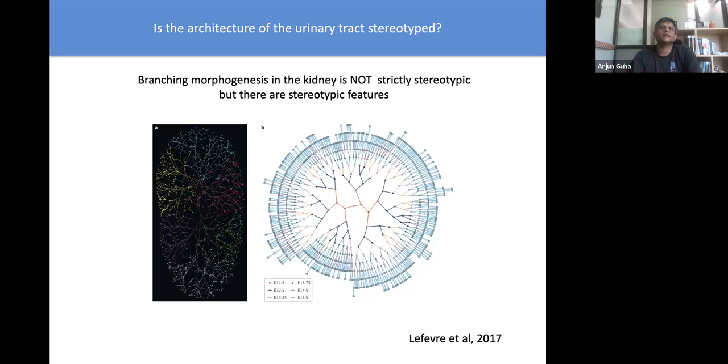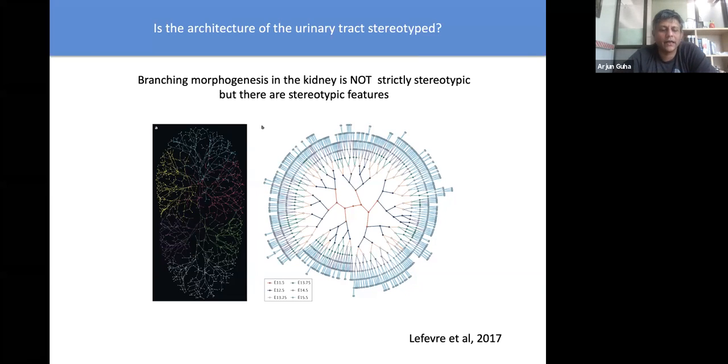But what people have done subsequently is to look at higher order aspects of the branch network. And what they find is that even though the branching in the kidney is not strictly stereotypic, there are some features that suggest that in fact the pattern of branching in one kidney and another is very reproducible. What does that mean? So what you can see here, for example, is a color coding of the branch network in a single lobe of the kidney.